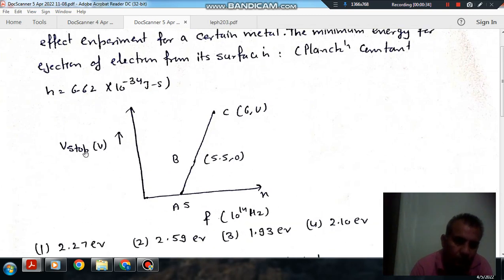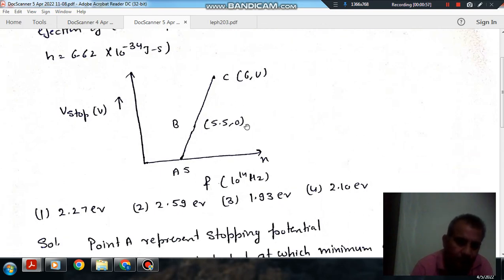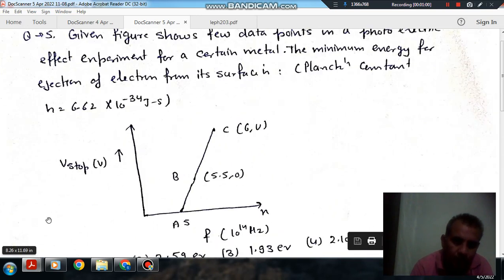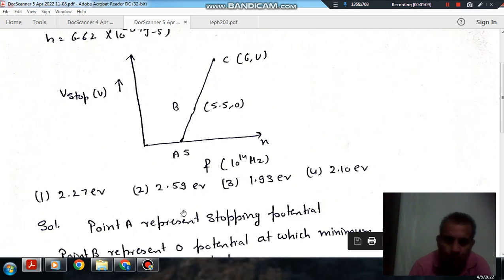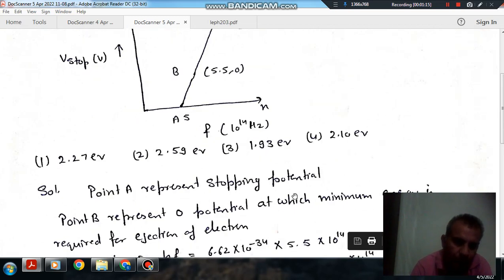So this is your stopping potential V and this is your frequency on the x-axis, and these are points A, B and C. At point A, only the x coordinate is given, at point B the x and y coordinates are 5.5 and 0 respectively, and at C these are 6 and D. The options for the minimum energy of ejection of an electron are: option 1, 2.27 electron volt; option 2, 2.59 electron volt; option 3, 1.93 electron volt; and option 4, 2.10 electron volt.